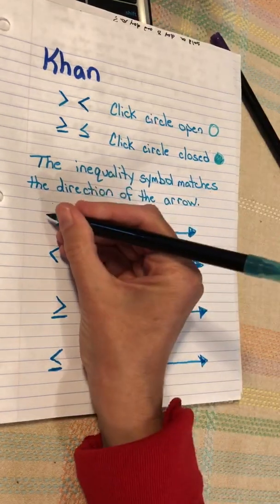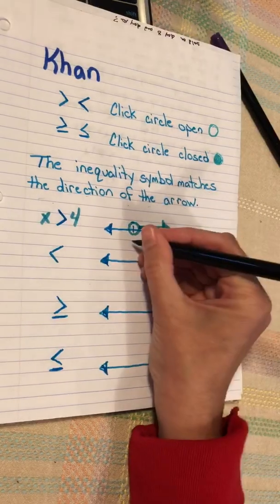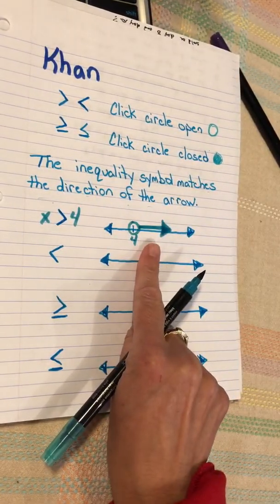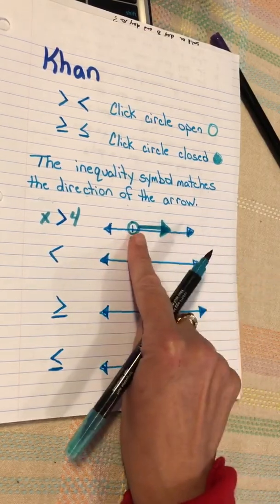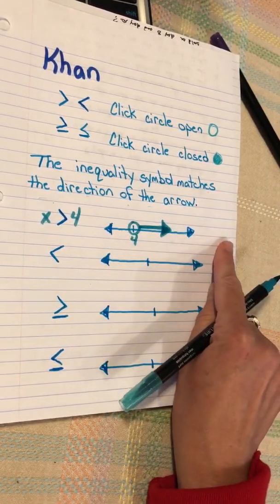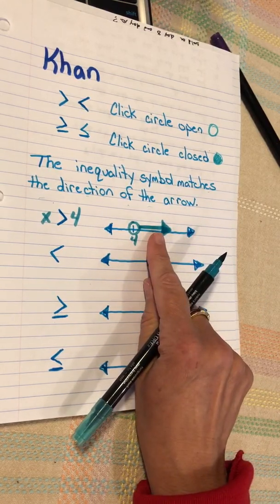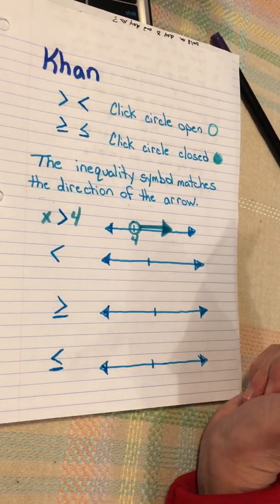So maybe we had this one, x is greater than 4. This would be how we would graph it. We want all numbers that are greater than 4, which would go to the right on the number line. So that could include numbers like 5, 10, 100, 1,000. That's what the arrow is supposed to represent.